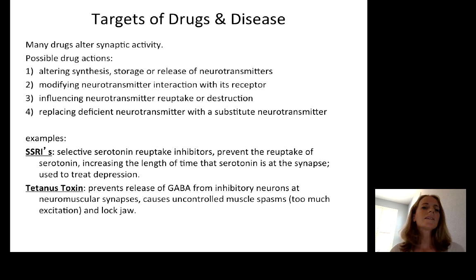The reason we need to think about stopping signals is because there are many clinical conditions that are caused by overactive or underactive synapses. And so from that, we have many drugs to treat clinical conditions that can alter synaptic activity. There are many drugs that change the synthesis, storage, or release of neurotransmitter.